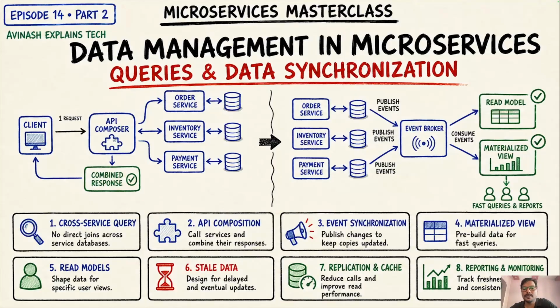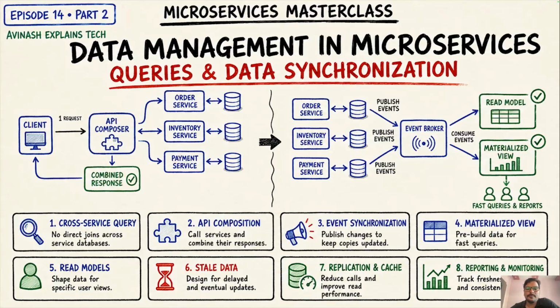API composition is simple and useful when a few services are involved, the amount of data is limited, the client needs current information and the dependent services respond quickly.